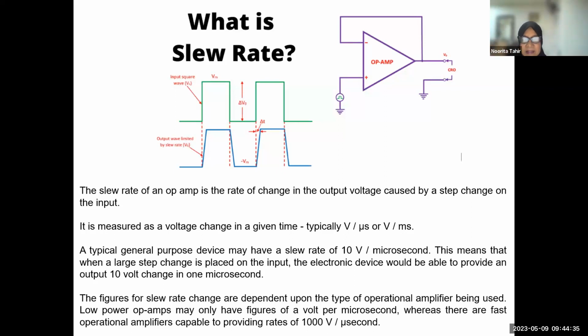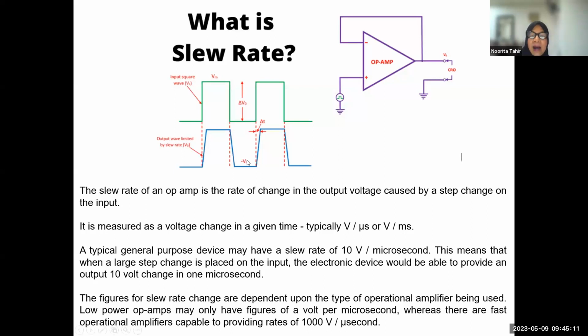But the delay could not be captured by our eyes because it's very fast, in terms of microseconds or milliseconds. Normally the worst case is milliseconds. The slew rate of an op-amp is the rate of change of the output voltage caused by a step change at the input stage.